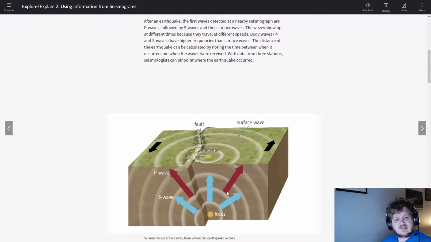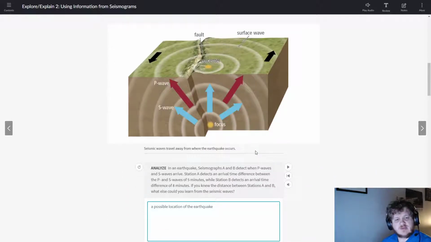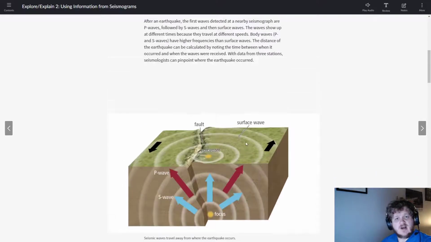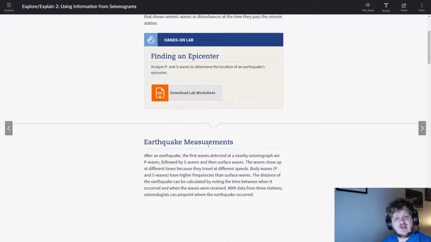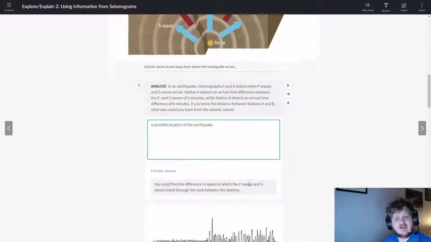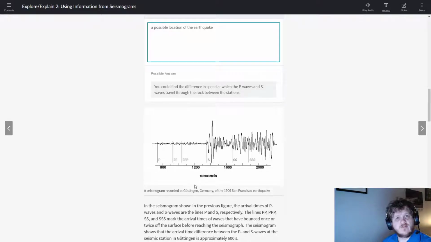One of the things that happens is there is often a lag time between the two different waves: your pressure waves, so your primary waves, and your surface waves, your S waves, the secondary ones, which are the ones that cause the most damage.